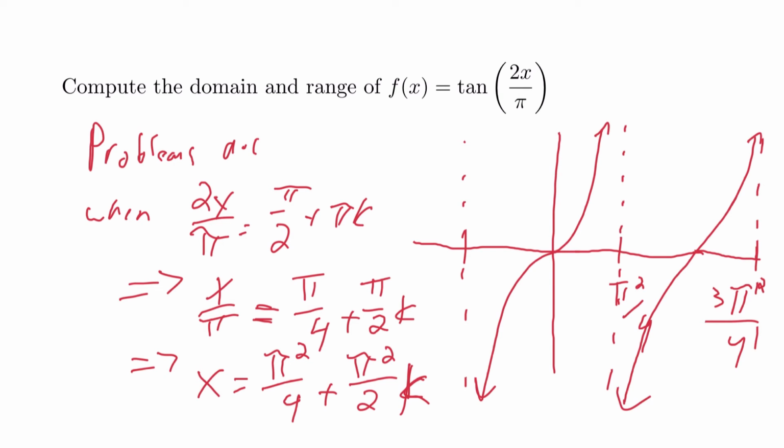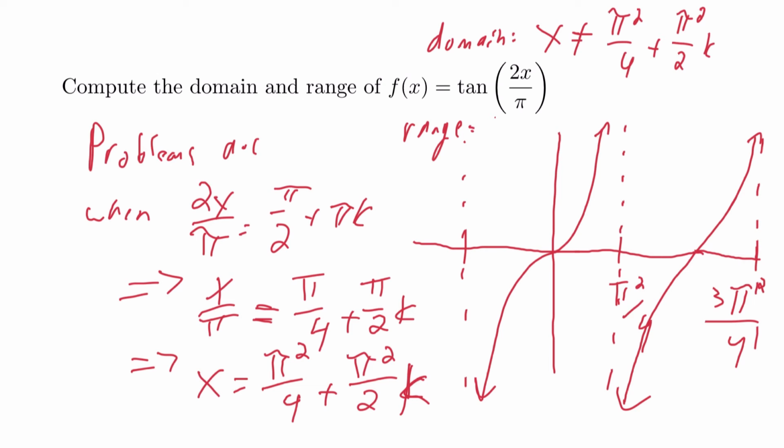So our sketch is something like this. Now the domain is everything except x equals pi squared over 4 plus pi squared over 2 times k, and the range is still everything.